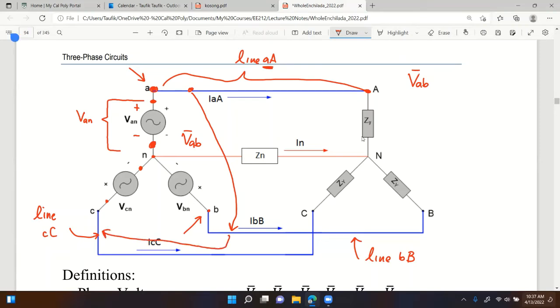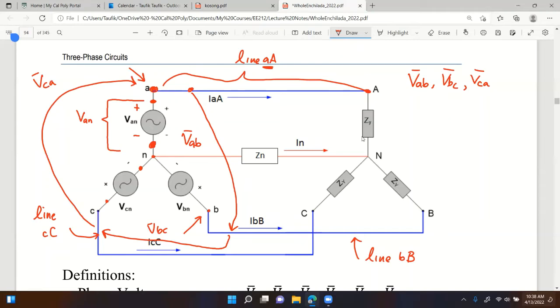So that's why I call this voltage VBC, which means it's the voltage that appears from B to C. And then another one that goes from C back to A. That voltage is called VCA. So this is VBC, and that's VCA. So the third one is VCA. Okay?